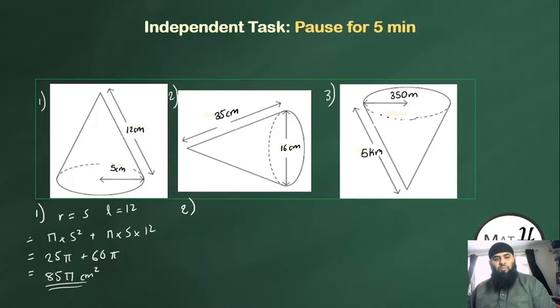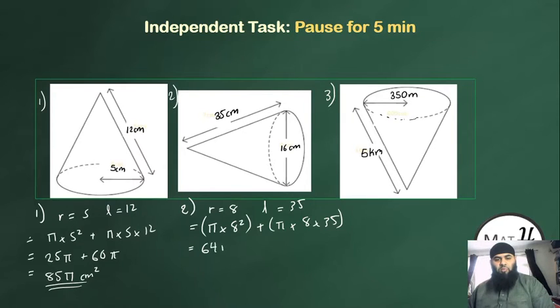Question number 2, our radius is going to be half of 16, which is 8. Length is going to be 35. So let's plug it into the equation. We got pi times 8 squared plus we got pi times 8 times 35. Have this equation over here.